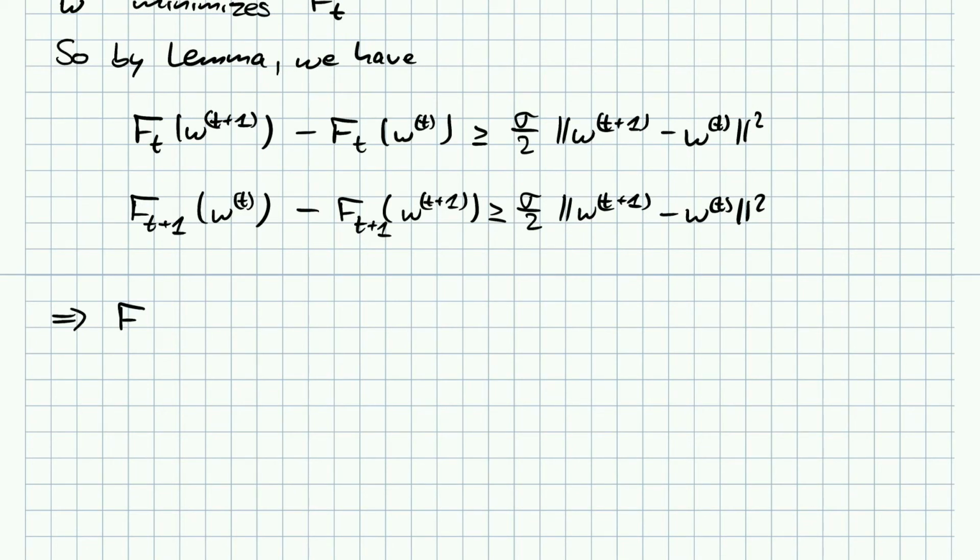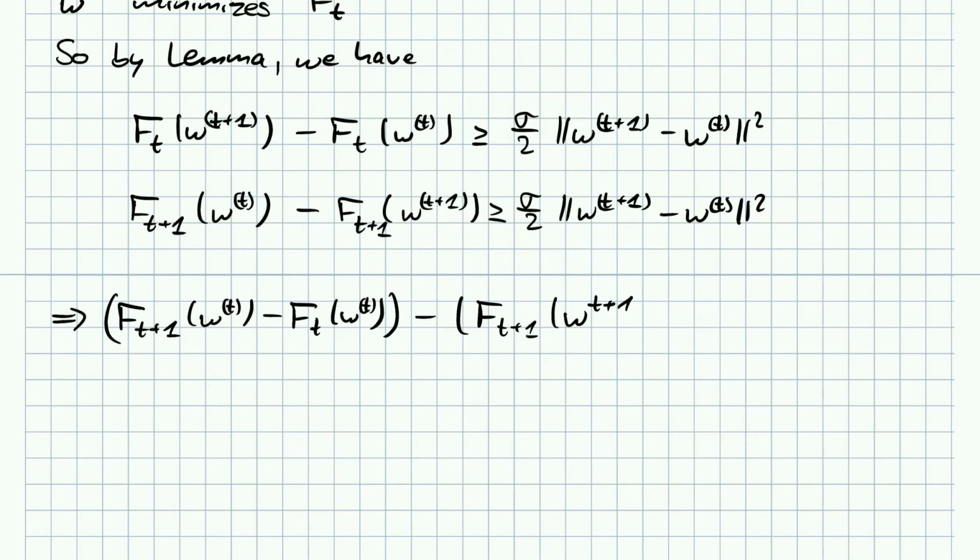We'll get that F_{t+1} at w_t minus F_t at w_t minus F_{t+1} at w_{t+1} minus F_t at w_{t+1}. This is when we're adding these two inequalities.